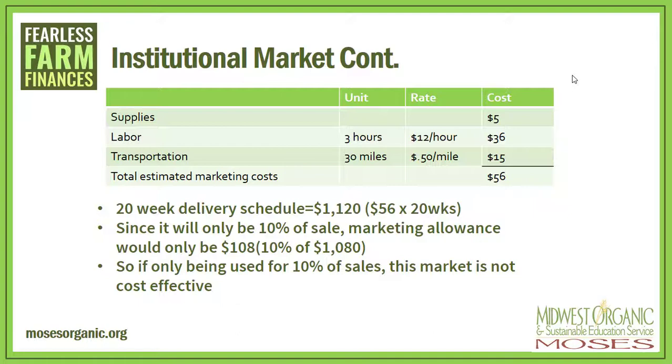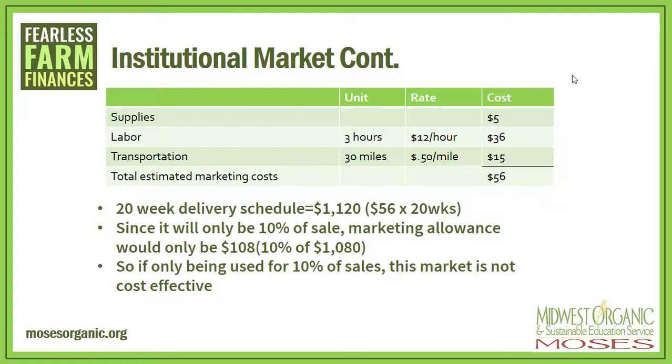So if only being used for 10% of sales, this market is actually not cost effective, because you know that it's going to cost you, that very first bullet point, if we did our numbers right, $1,120. And if we're allocating 10% of our total marketing allowance, it would only be $108.